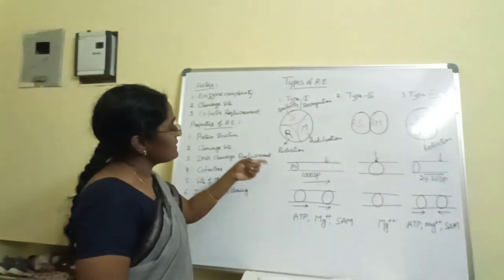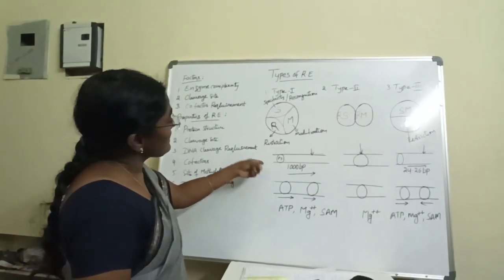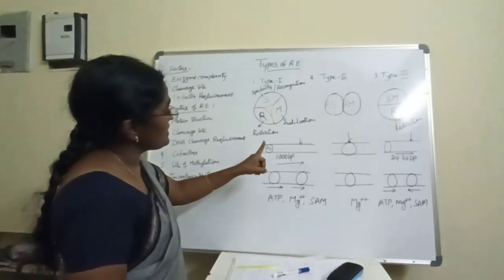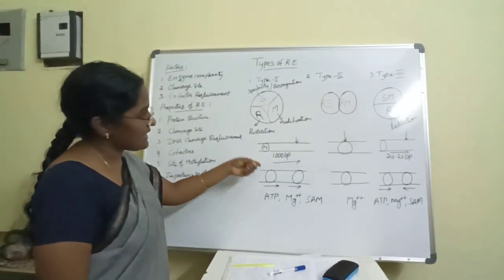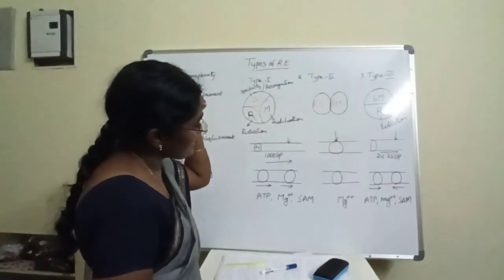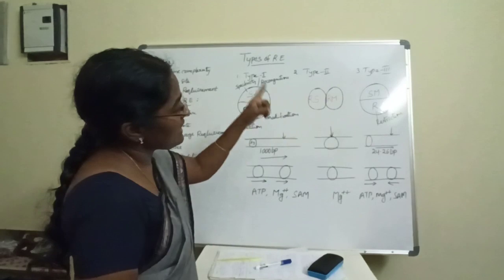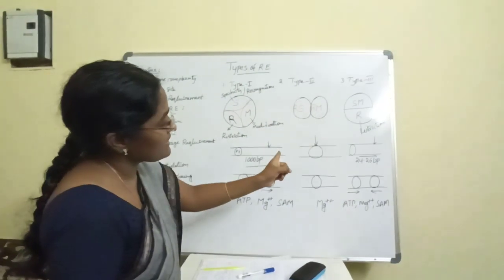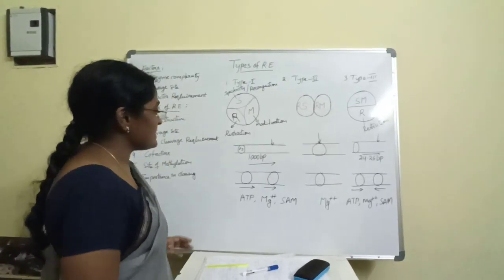Type 1 cleaves 1000 base pairs away from the restriction site, type 2 enzymes cut at the specific recognition site, and type 3 enzymes cut 24 to 26 base pairs away from the recognition site.